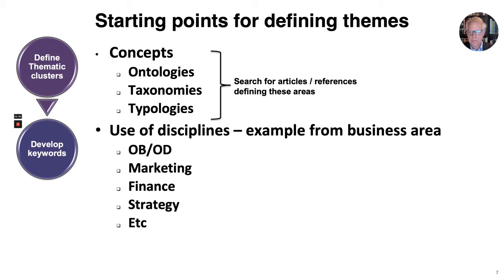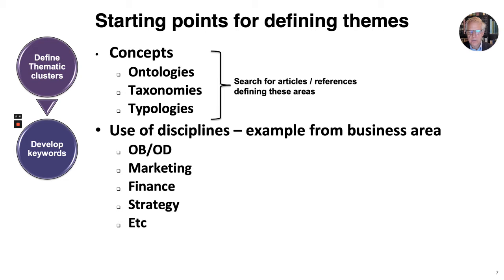First, there are in the literature many articles that talk about things such as ontologies, taxonomies, and typologies. Very common in the social sciences and very often used as a way to describe the types of things that are out there.